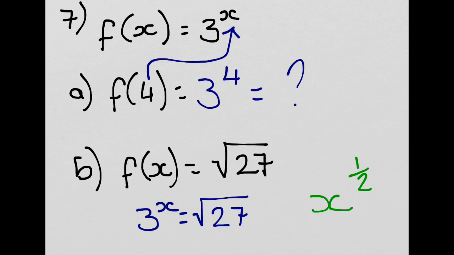Okay, so that means that our value of x is going to be a fractional value. Now because we've taken the square root, it means it's going to be a number over 2. Okay, so what do you have to do to 3 to get to 27? That's what will go in the gap there. So it's going to be a fractional value, something over 2.